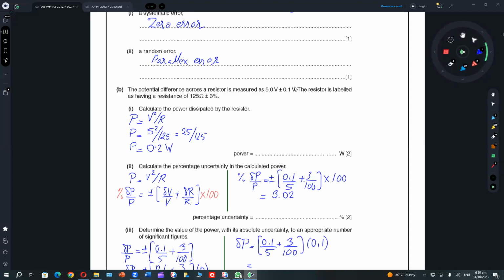We have to first check our part 2 answer because different people are getting different answers. Actually, there is a square on it. Oh, this is my mistake. Actually, there is a square on V. There is a square on voltage.